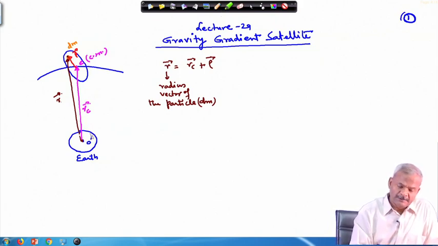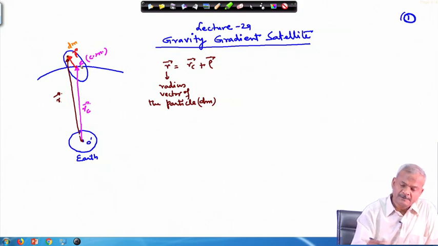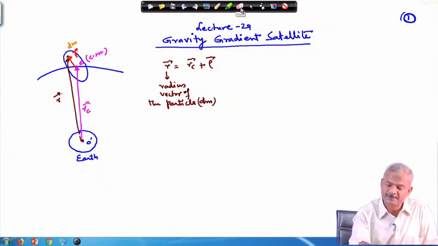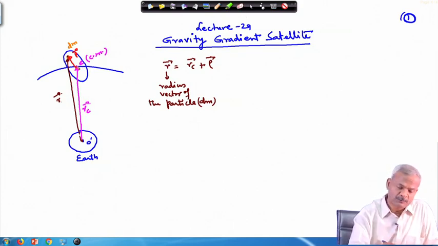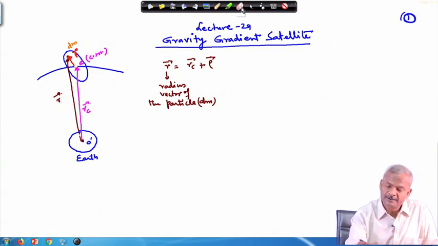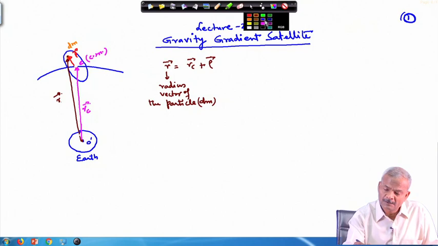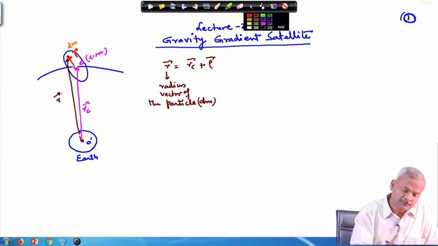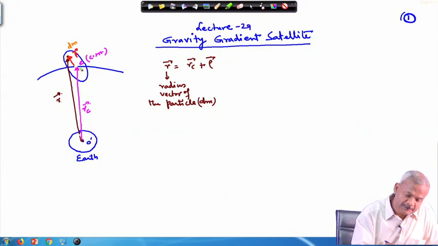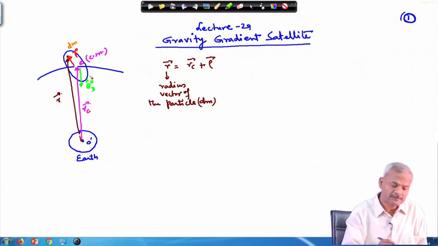Then if you remember, we fixed the triad about this point. Along this direction we took E O 3 cap.